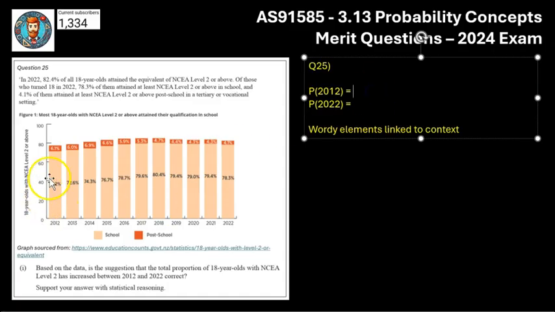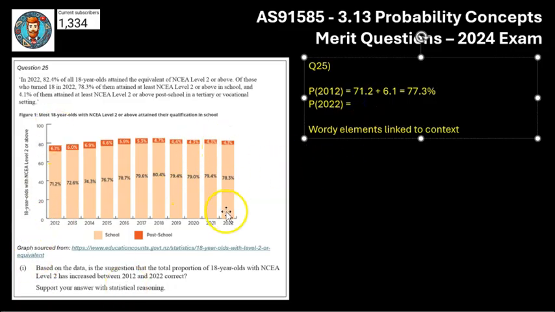Okay, 2012. We've got the two groups here, so that's 71.2% plus 6.1%, and when that is combined, that's 77.3%. So that means 77.3% of the people in 2012 had NCEA Level 2 or higher.